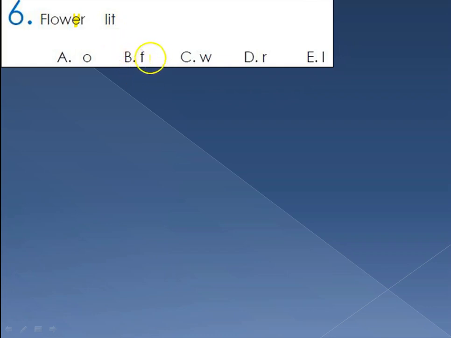Let me see, take away F from the first word, you'd have lower. And then you could put in the F somewhere here. Would it fit at the start, go at the end, or will it go in the middle? So if you put it in here, it would be lift. So lower and lift. Let's just see the other ones just to make sure.